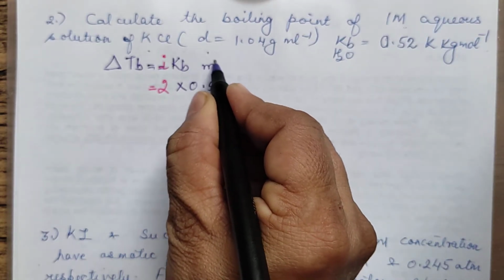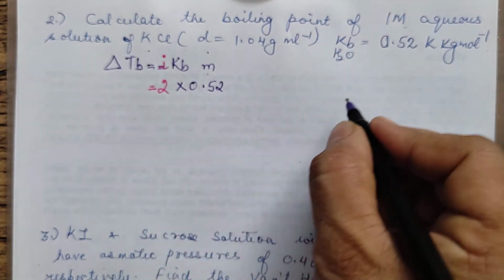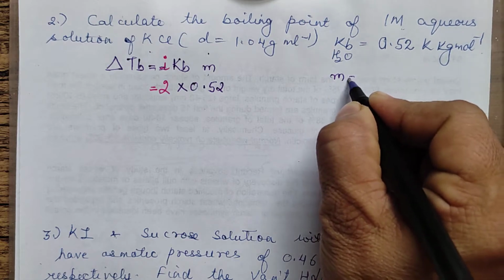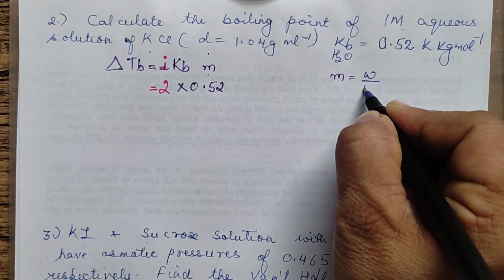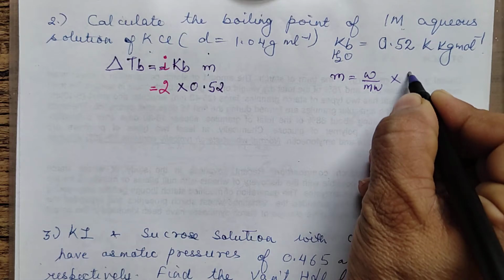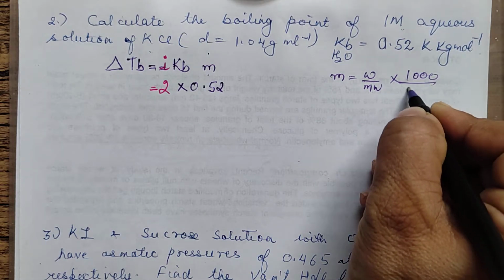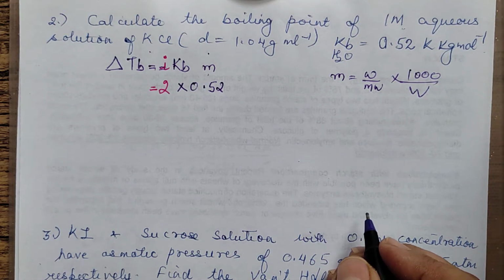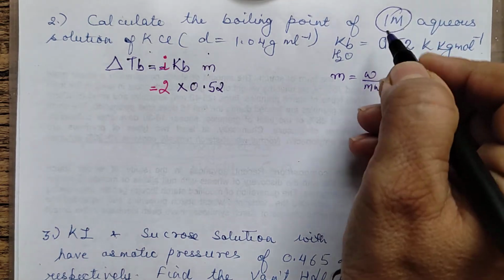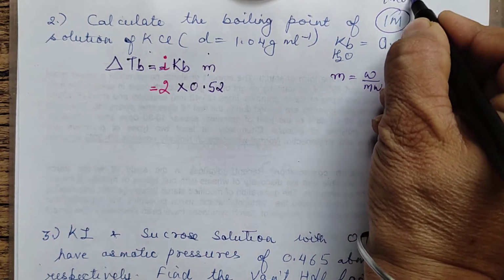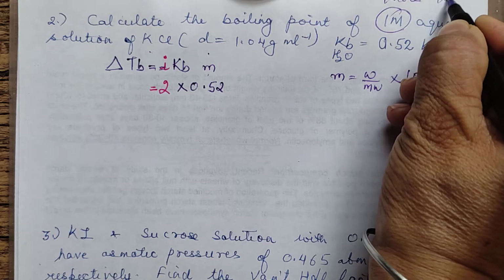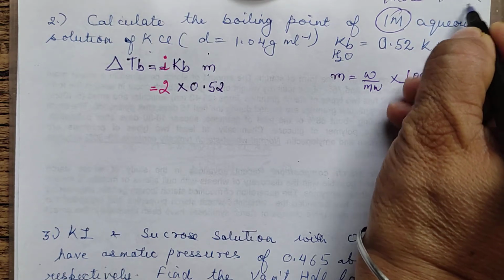Now, we don't know this molality. We need to find this molality. Now, what is molality, children? Molality is equal to given weight by molecular weight into 1000 by weight of the solvent in grams. Now, what do we know about 1 molar? 1 molar means 1 mole in 1000 ml, 1 liter solution.